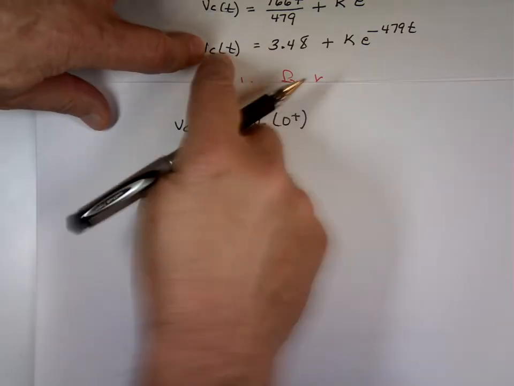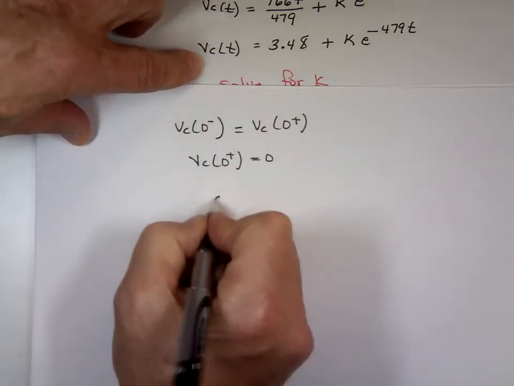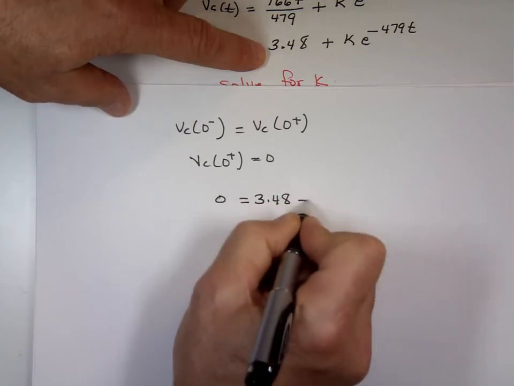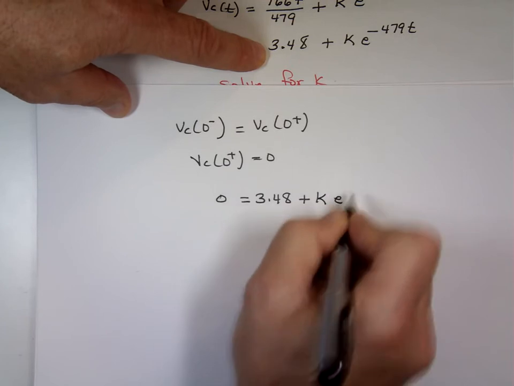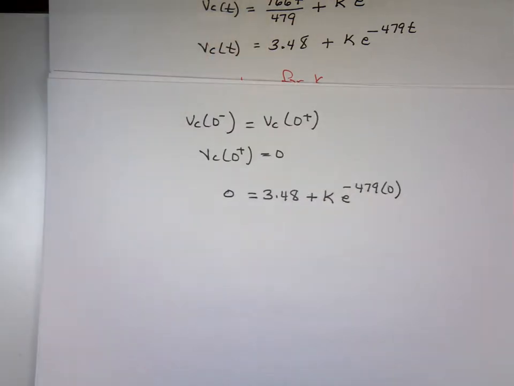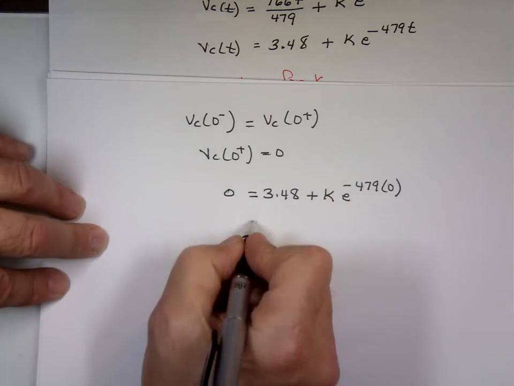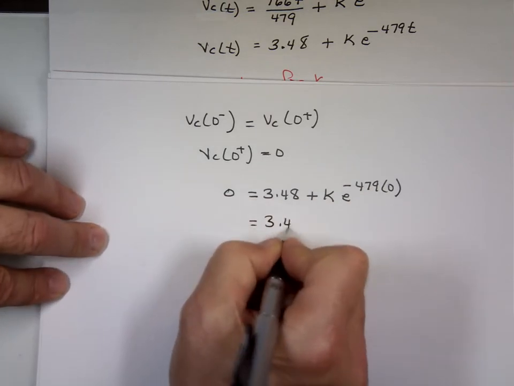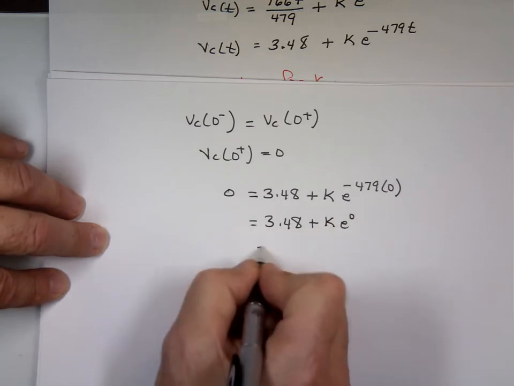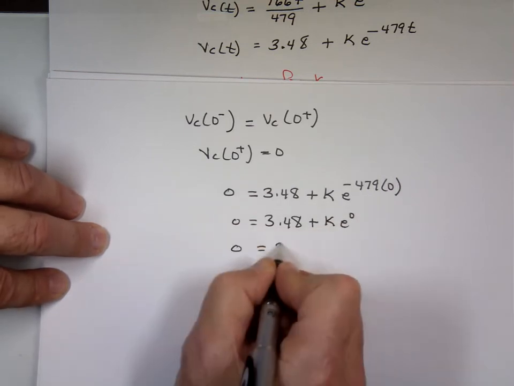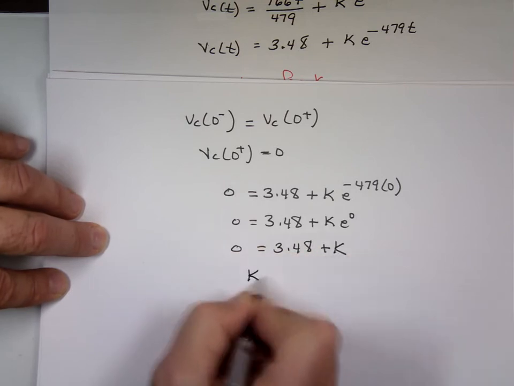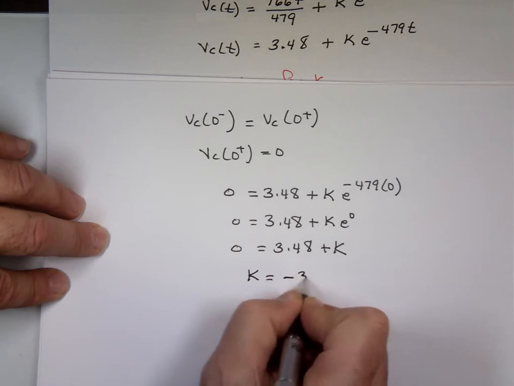Let t be 0. So 0 equals 3.48 plus k e to the negative 479 times 0. Isn't that a 0? And e to the 0 is what? 1. So what's k equal to? Negative 3.48.